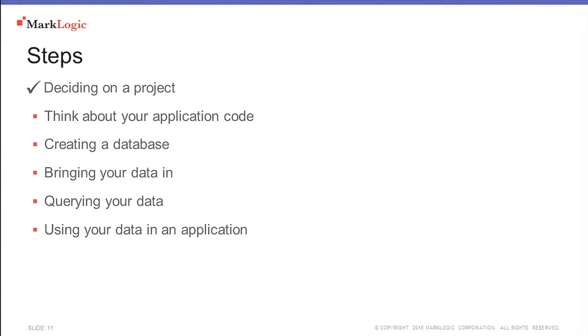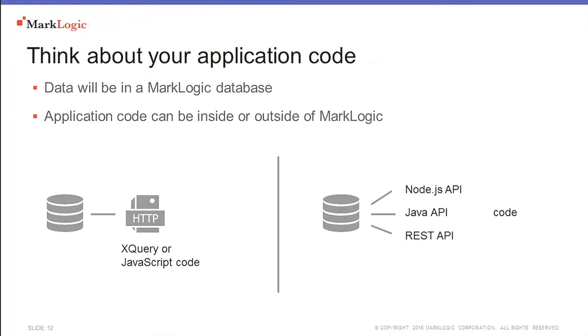So we've got a project in mind. Now we need to think about our application code. There's a couple ways you can approach this. Either way, you're going to have your data in your MarkLogic database. And then for your application code, you can either have MarkLogic host it.